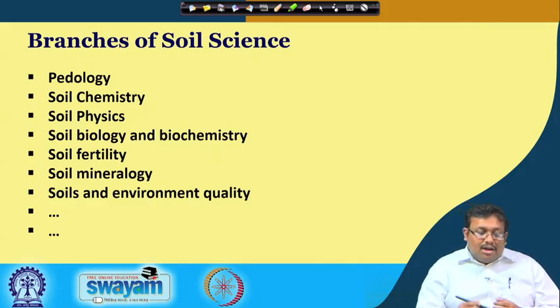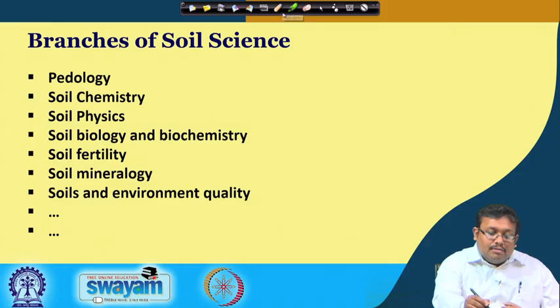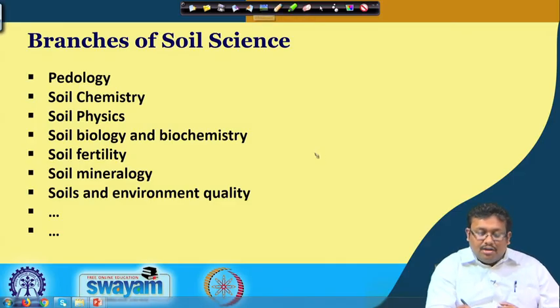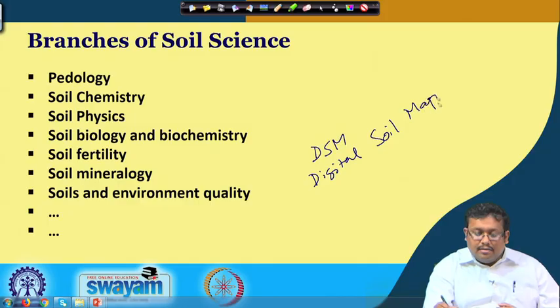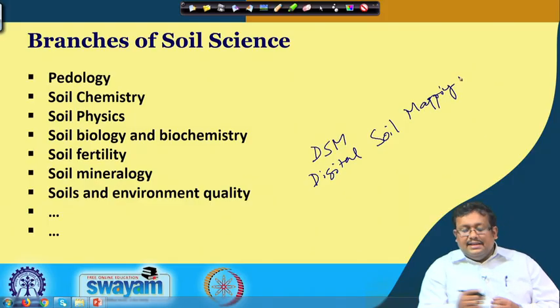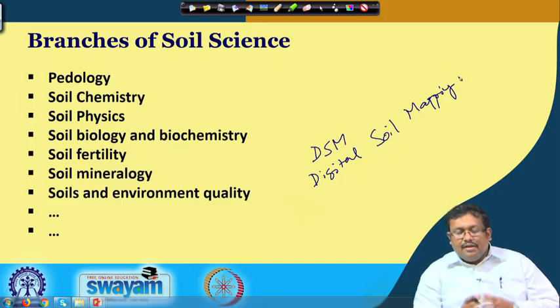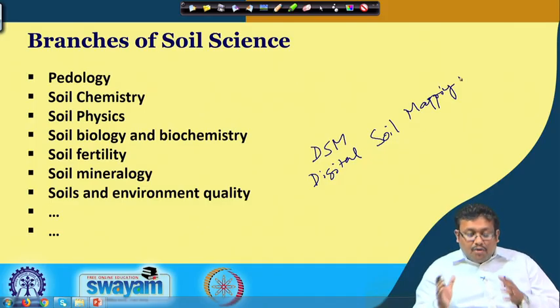For example, there is a new branch of soil science called DSM, or digital soil mapping, and this branch of soil science has been very popular for the last couple of decades, and we will have a thorough discussion on what is DSM and what are their aspects.